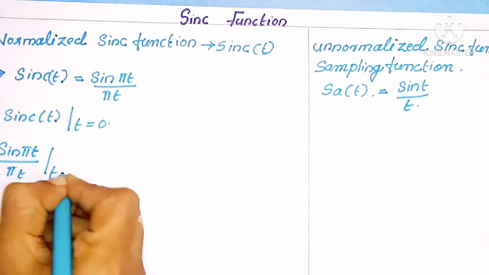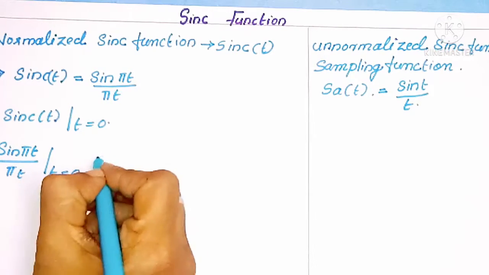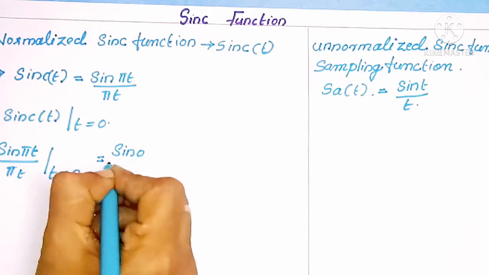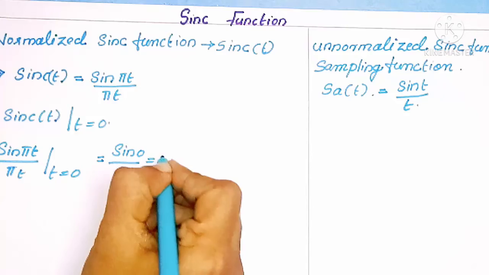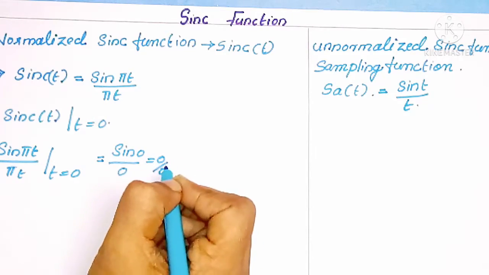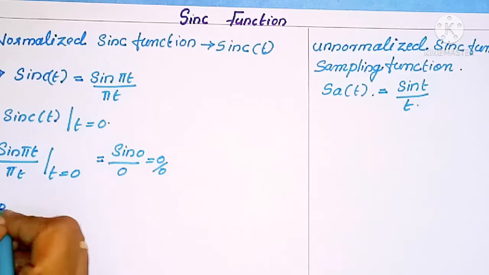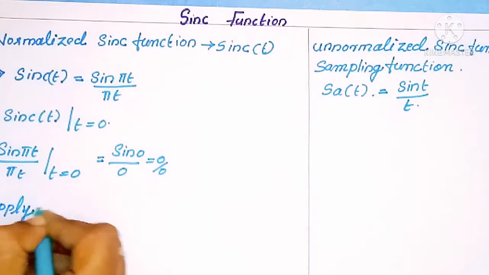What will you get? If you substitute t equal to 0, you will get sin 0 by 0. That means a 0 by 0 condition. So we go for L'Hospital rule.